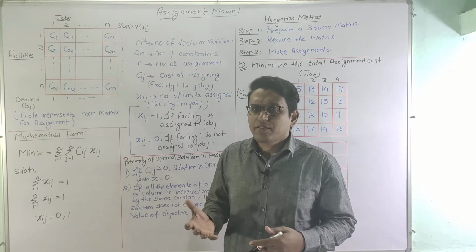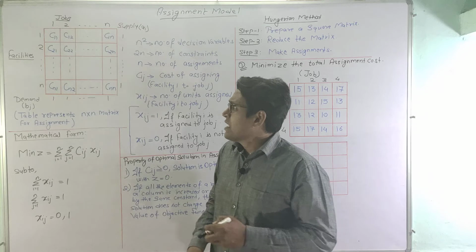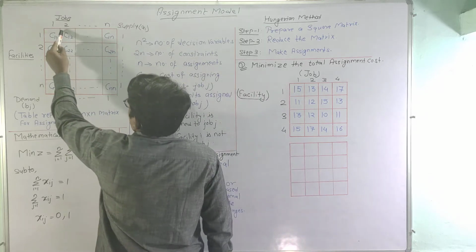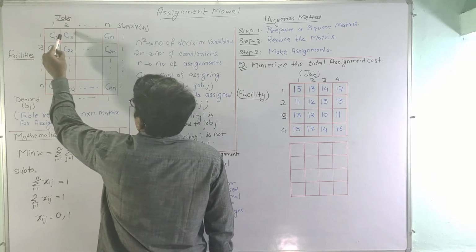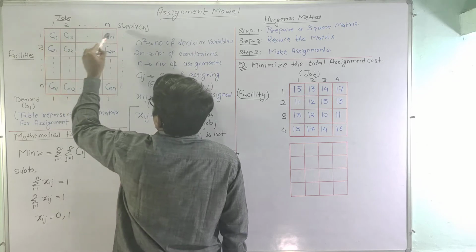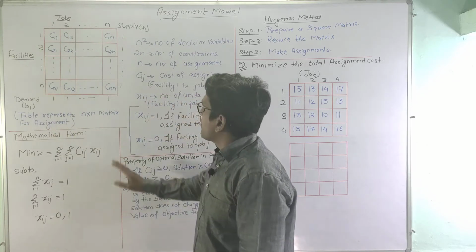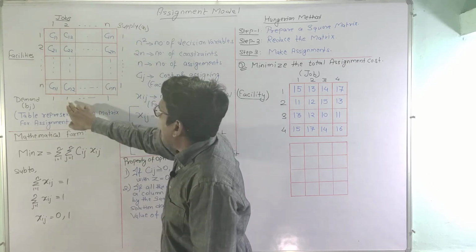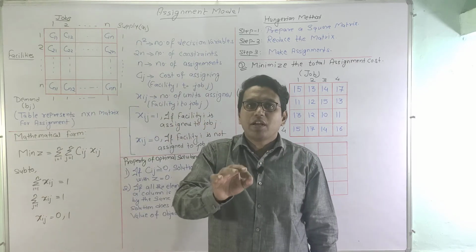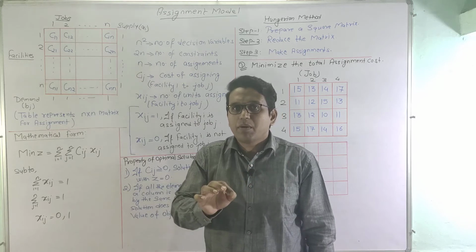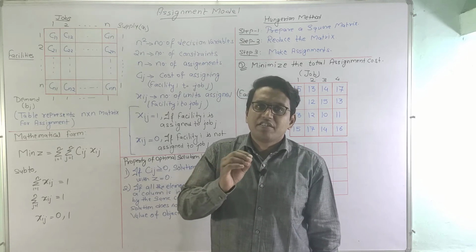And one more thing we need to understand is why we use the assignment model rather than the transportation model. Whenever we assign in the assignment matrix, it crosses out one row as well as one column, and whenever we fulfill supply and demand on the same allocation in a transportation problem, we know that it causes degeneracy.